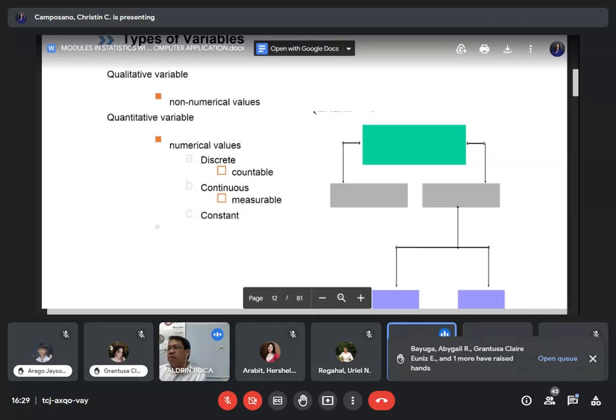Sa isang municipality po. Okay, number of population or population in a particular municipality, okay? Next, Arago. IQ score po. IQ score. Okay, next, what else? Bayuga, are you going to give another example because your hand is still raised, including Arago?